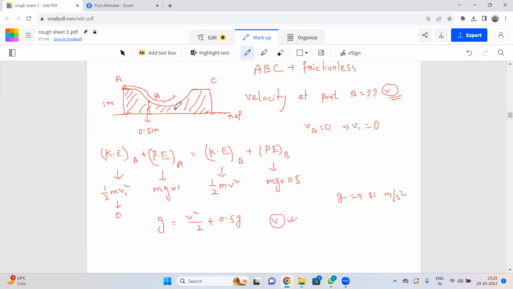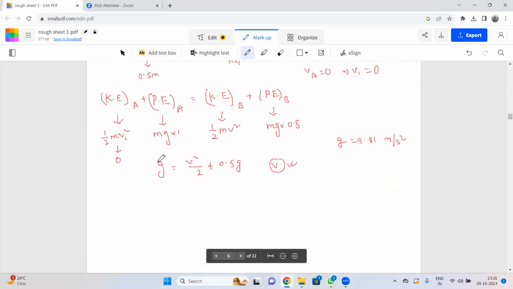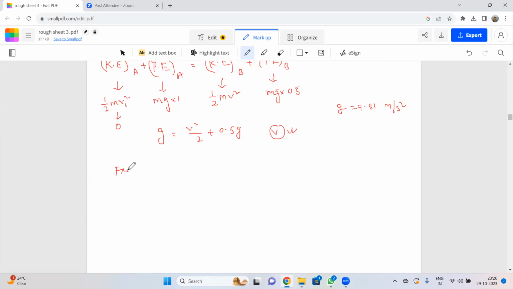It may be possible that in your question it is given that the height is here 1 meter, and suppose this 0.4 meter is given, like a ball from 1 meter height going downward by 0.4 meter.